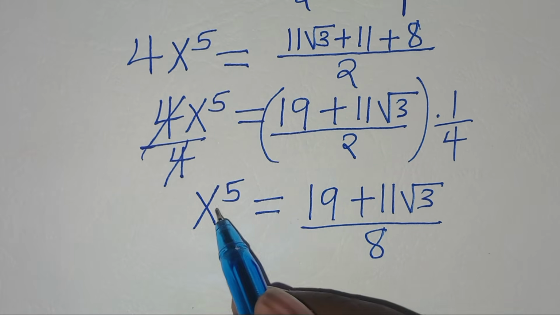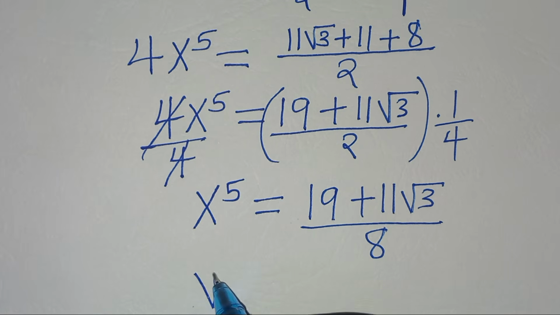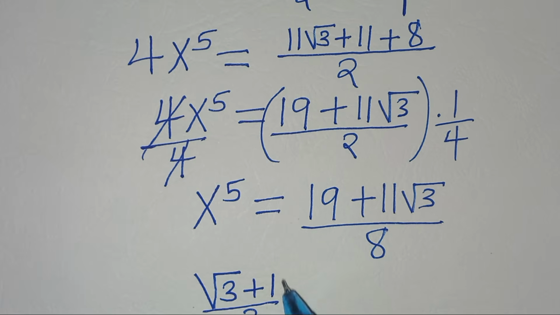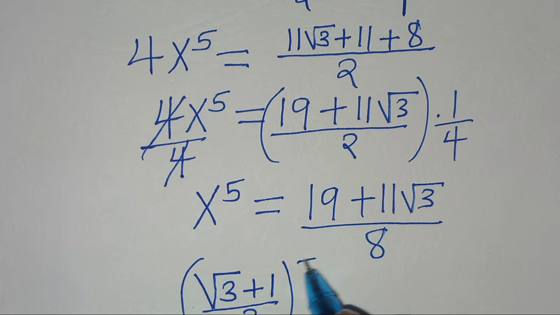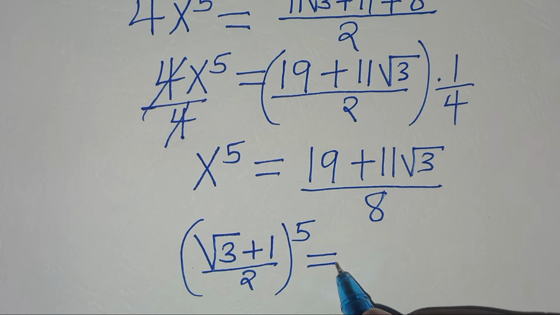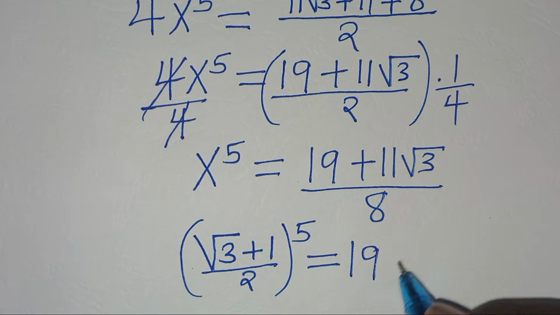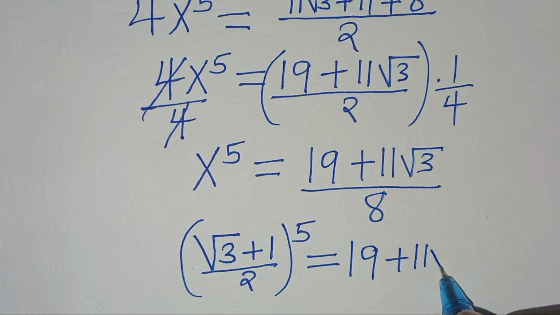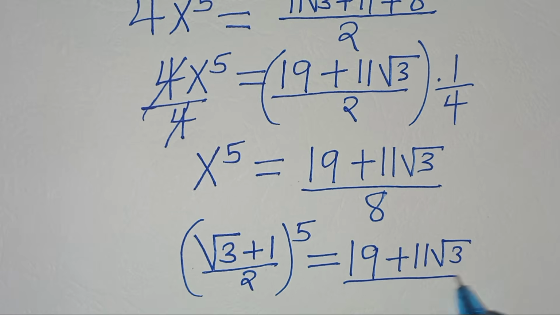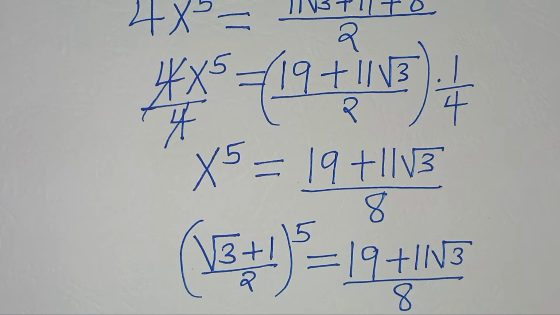So we can substitute x, which is (root 3 plus 1) over 2, raised to the power of 5. This is the same thing as (19 plus 11 square root of 3) divided by 8.